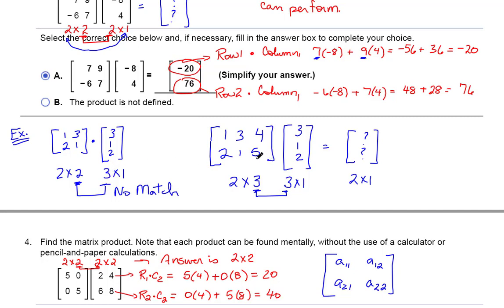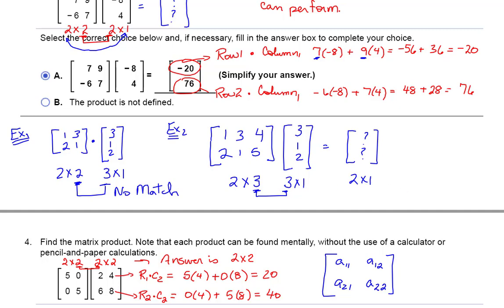In this case, if I had a 2 by 3 multiplied by a 3 by 1, so this is a different example, in this case, it would be possible, and my answer is going to be 2 by 1.